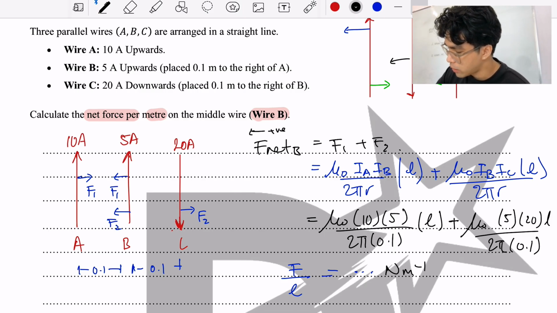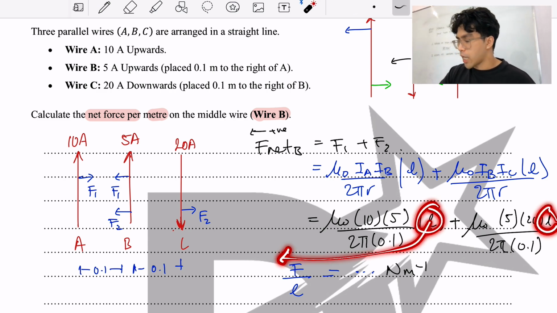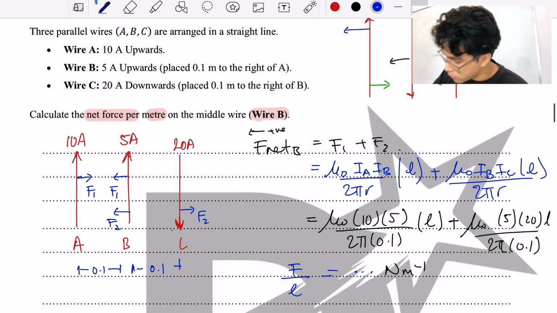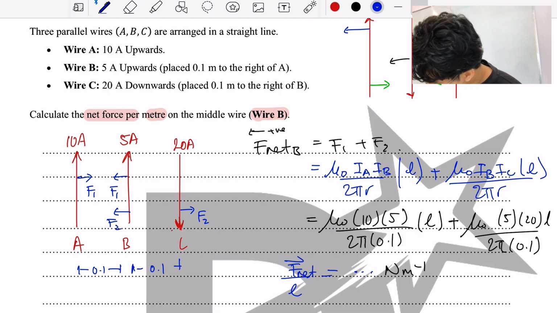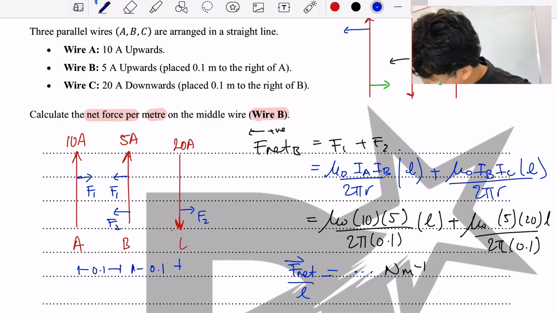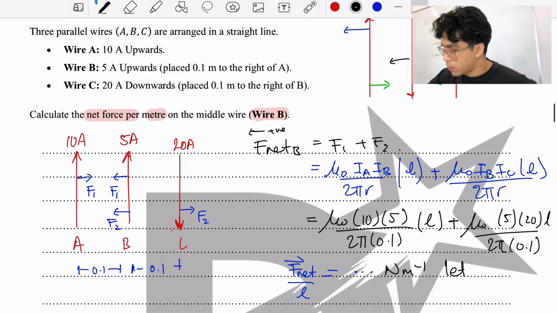So it's going to be newtons per meter, okay? So essentially what I'm doing is I'm taking these L's and factorizing it and putting it to the left-hand side to give me the net force per meter. Cool. Okay, and that's it. And don't forget, guys, the forces are to the left, so we need to say to the left.